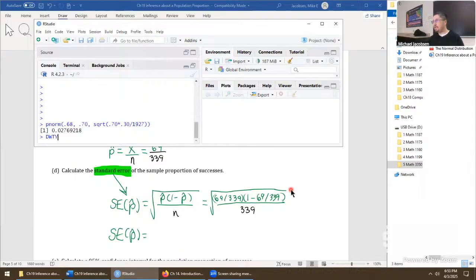First type in SQRT, first find the home row, SQRT. Then start typing in these things: 69 over 339 times 1 minus 69 over 339, divided by 339. So that's this exact structure. And we get this value out. What I would probably do in this situation is round to maybe 4 significant figures.